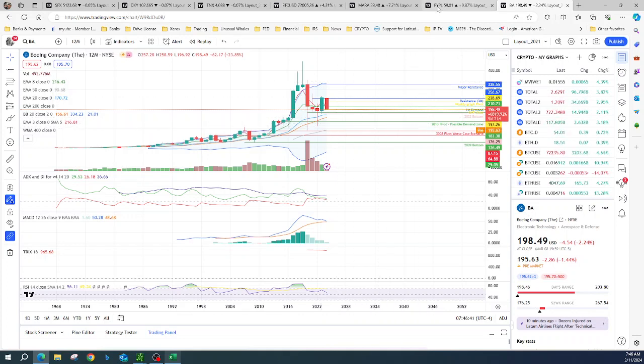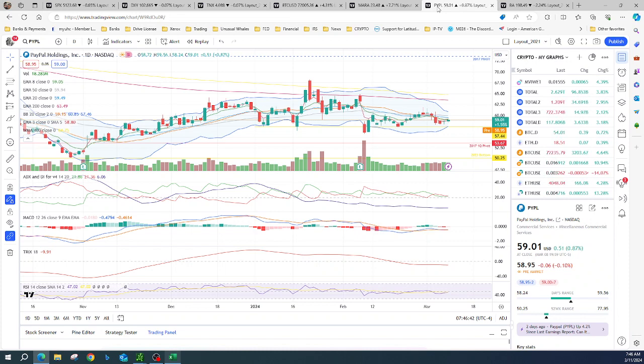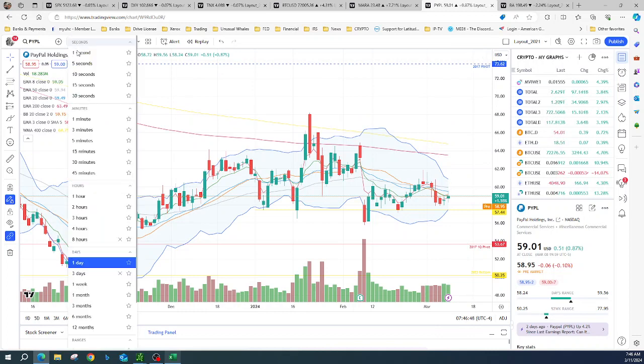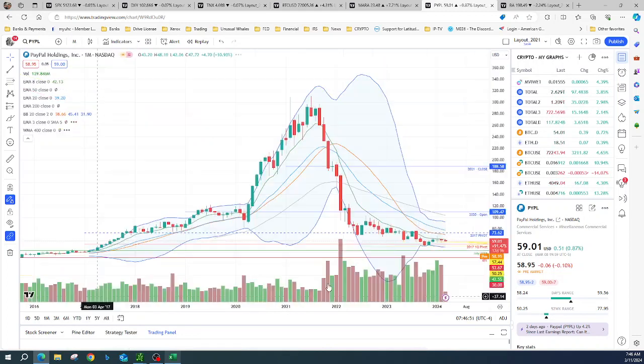Another company, a financial institution, PayPal. If you guys want to compare PayPal with the crypto movement, it's a good comparison, because PayPal trades Bitcoin, Ethereum, and also PayPal built a stable coin, right?